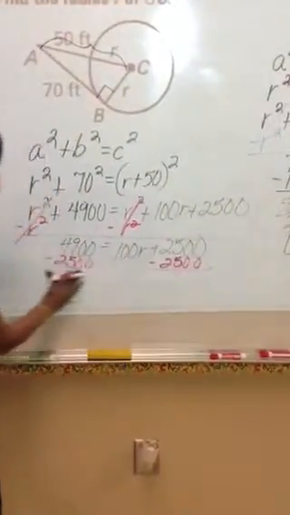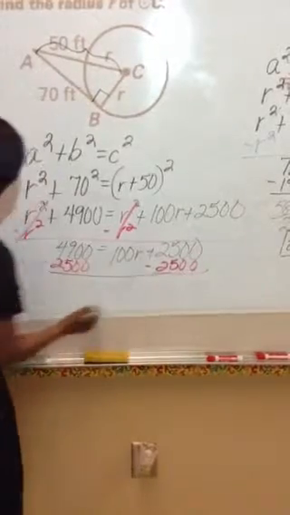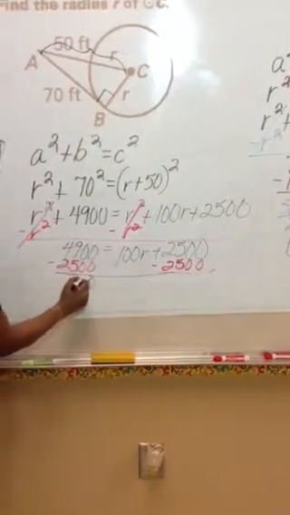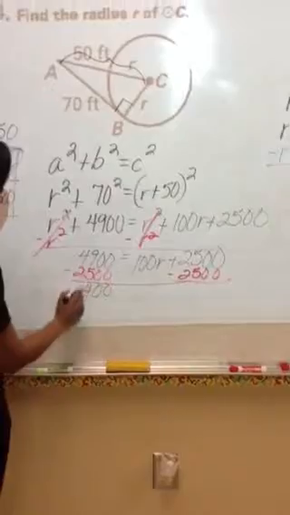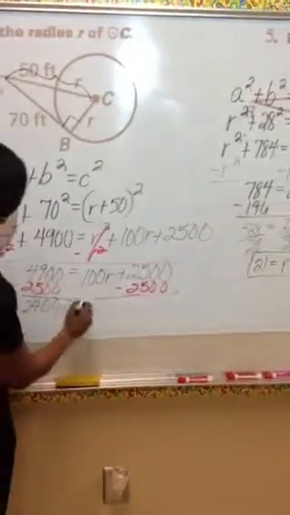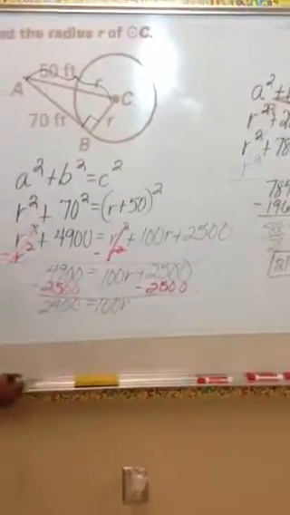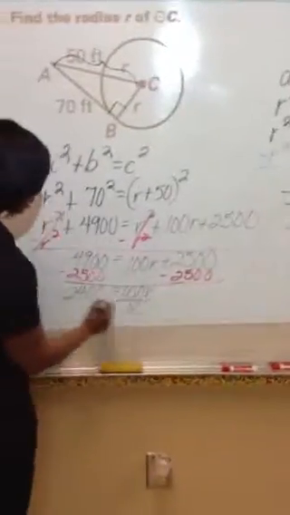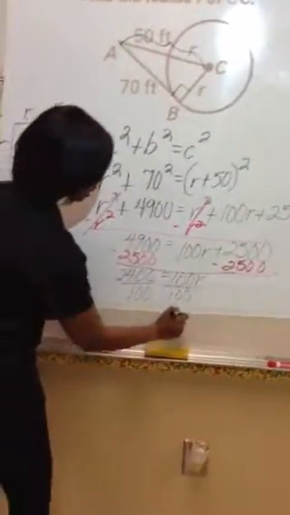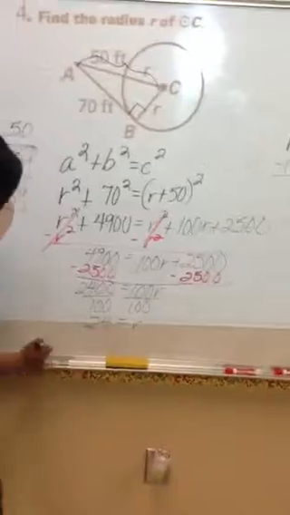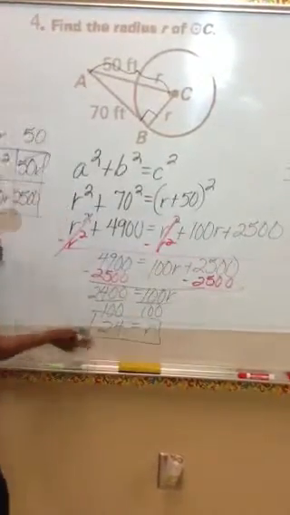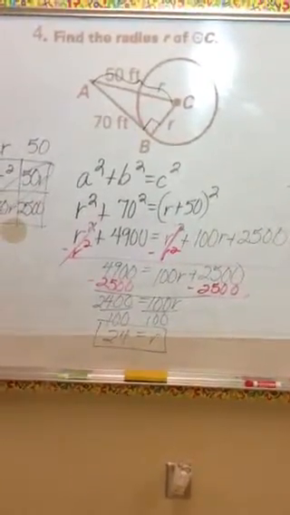All right, so now bring it down. 2,400. Divide each side by 100. And we find that r is my age, 24. And there we are. Simple.